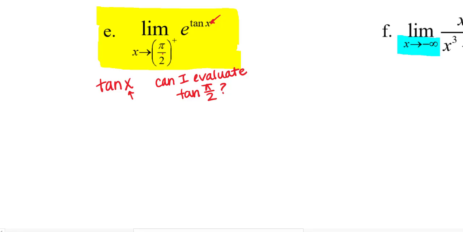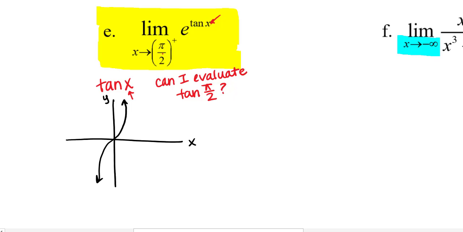Well, what does the tangent of x graph look like? So let's quickly draw that. Here's an x-axis, a y-axis. It sort of resembles the shape, if you will, of x cubed, but remember it's trigonometric, so we are cyclic or periodic. Do you remember the period of tangent x? The period was pi, right?